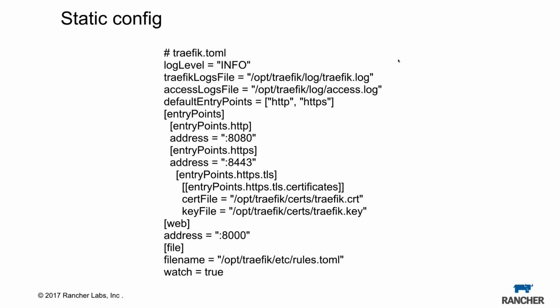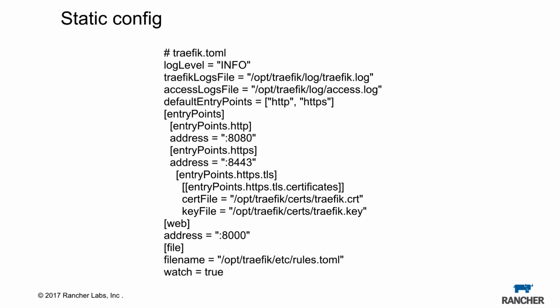So this is an example of a simple static config from Traefik. It's a Traefik toml file. As you can see, you could configure the log level, the log files, and the important thing is the entry points.